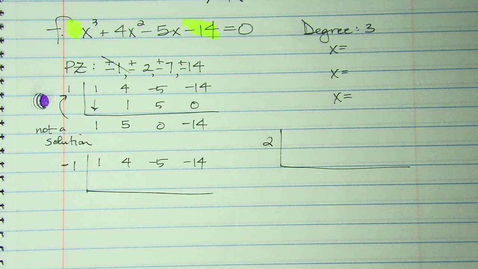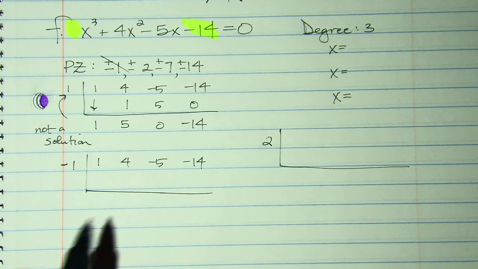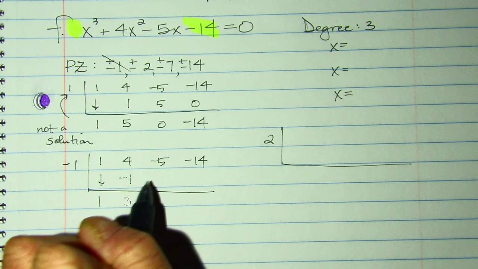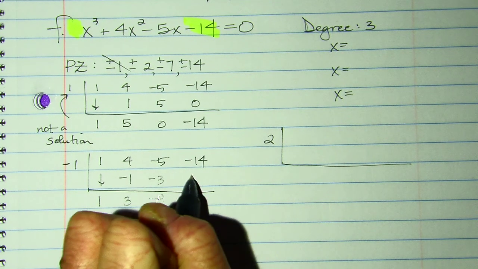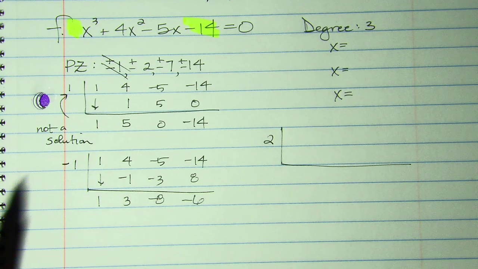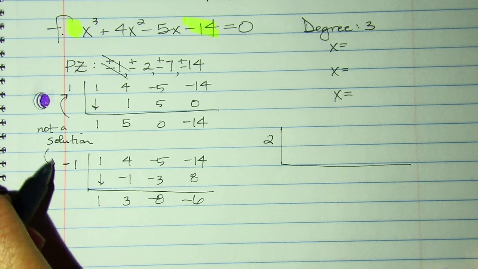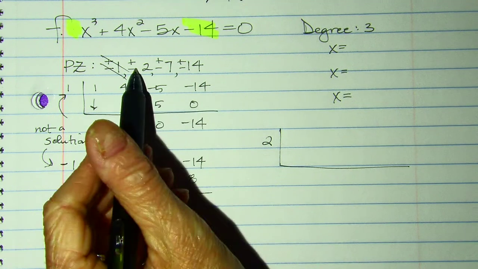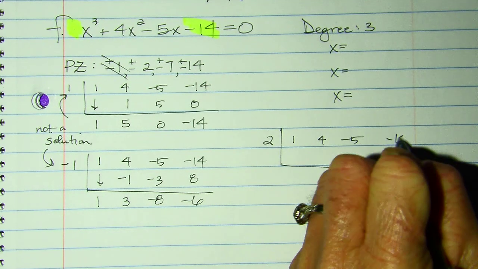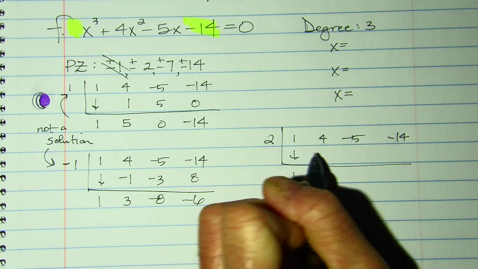But I'm going to show you how to find the solutions by hand. So again, if I had tried negative 1, notice I'm not going to get a remainder of 0. So negative 1 is also not a solution. Then I would have moved down the line and tried 2. 2 times 1 is 2.